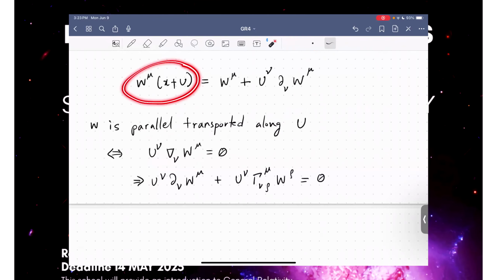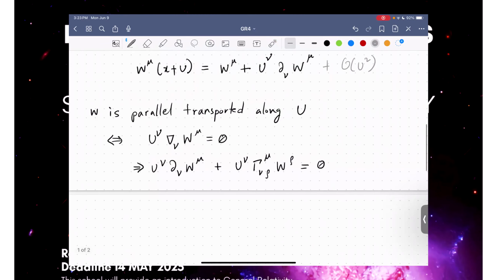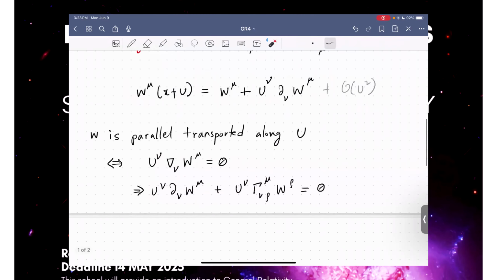Now, for any W, its value at x plus u can be written like this. And again, just to be clear, there are terms of higher orders in u squared, but we're going to ignore them because we are infinitesimally close, so u is small. Now, if W is parallel, then we can replace this partial derivative with the Christoffel symbol term using this equation.